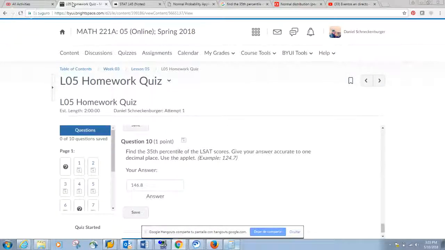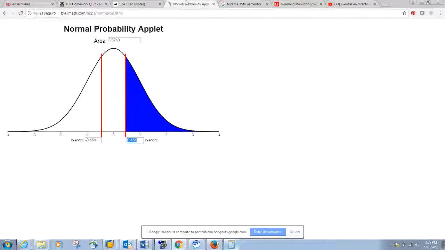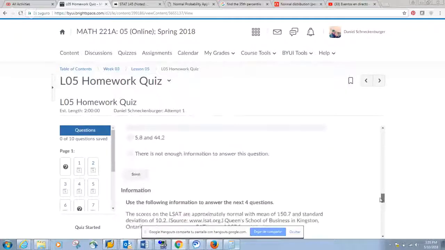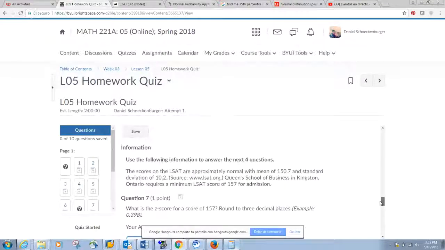Yeah, I'm still trying to figure out how I got that number, because I was pretty sure I was using the applet, but apparently not. How did I get that? Let me go back to the first part. 150, standard deviation.